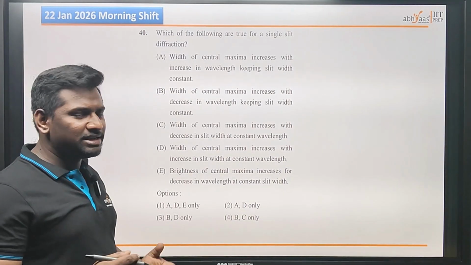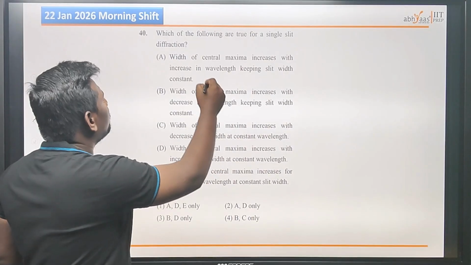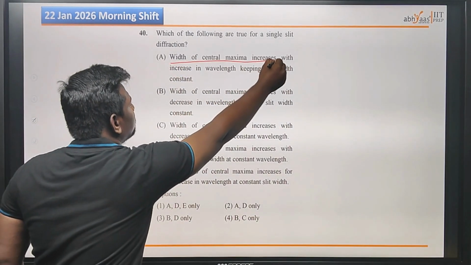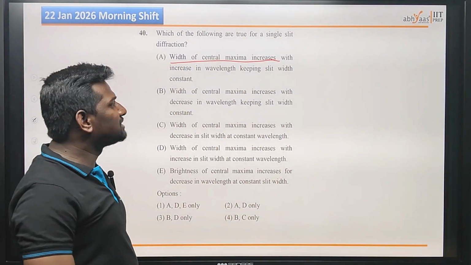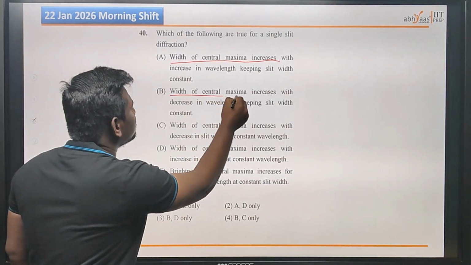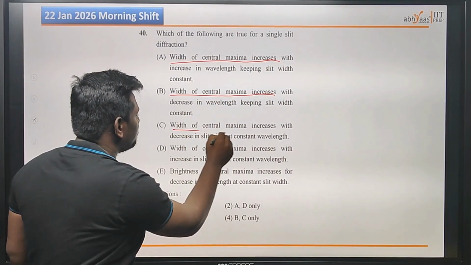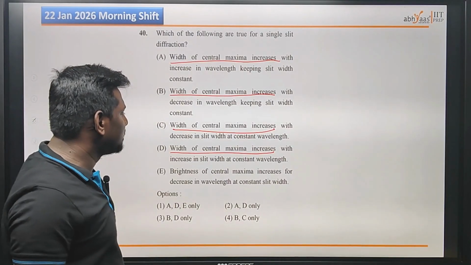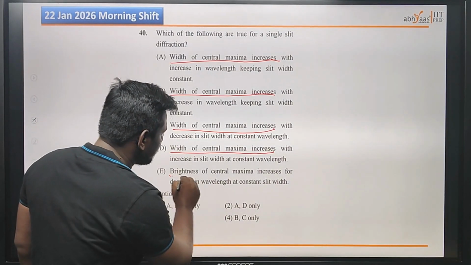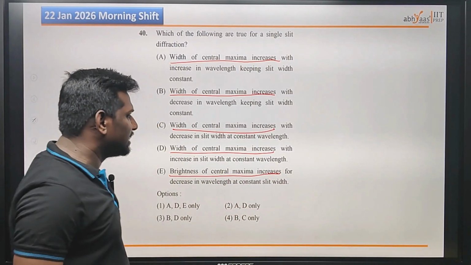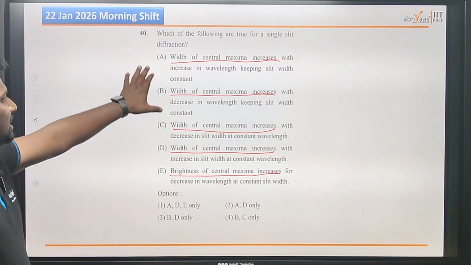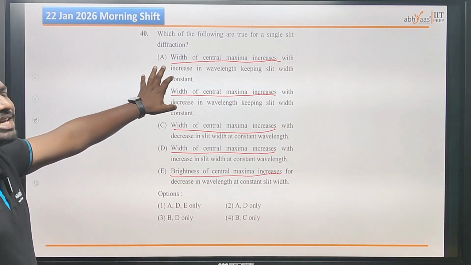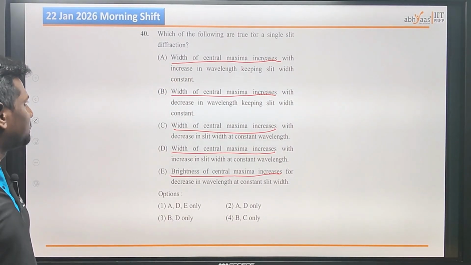So what they are asking, they are concentrating on the width of the central maxima increasing. What is the condition? Width of the central maxima is increasing. Brightness of the central maxima is increasing. So they are asking in the aspect of the width of the central maxima.